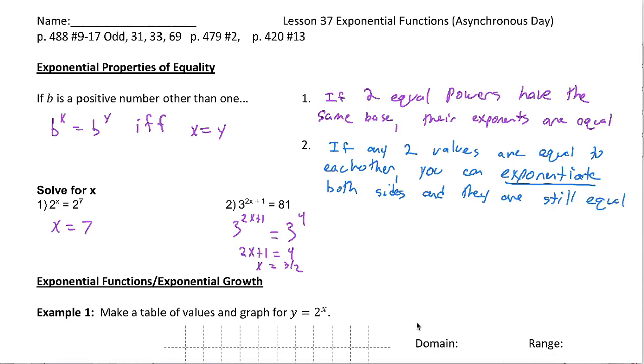In other words, you're starting from x equals y and turning those x and y's into exponents. That's why we call it exponentiating. We're making them into exponents. So if we start with any 2 things that are equal to each other, I'll just do x equals y, what I can do is add a base to both sides.